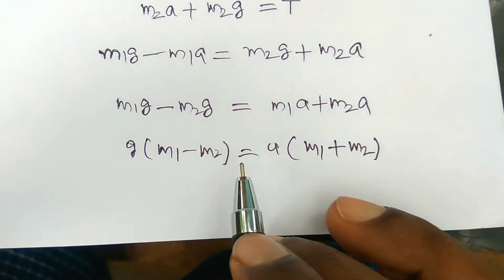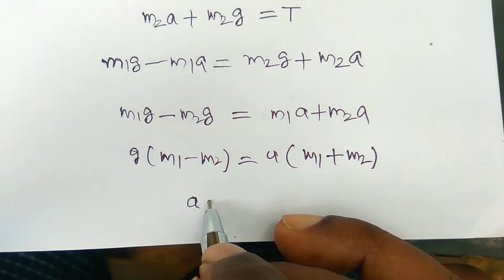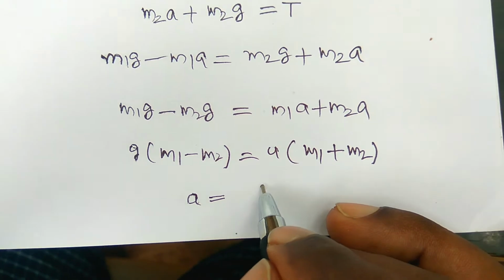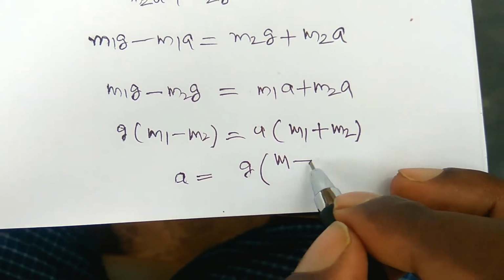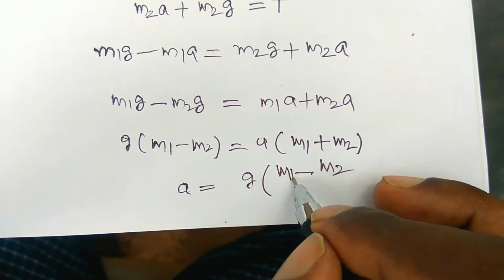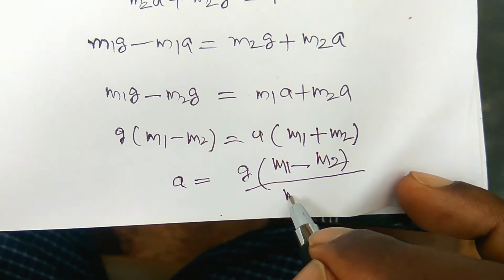Now we find the value of a, the acceleration: a is equal to g into (m1 minus m2) by (m1 plus m2).